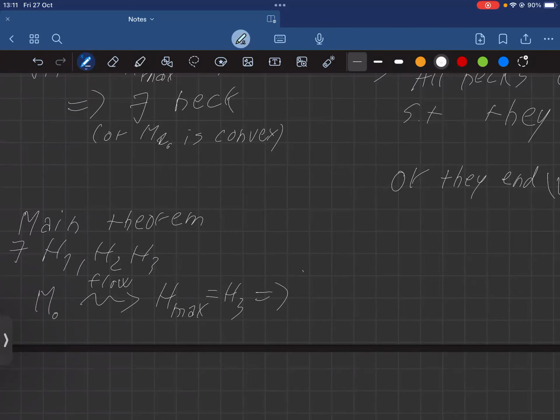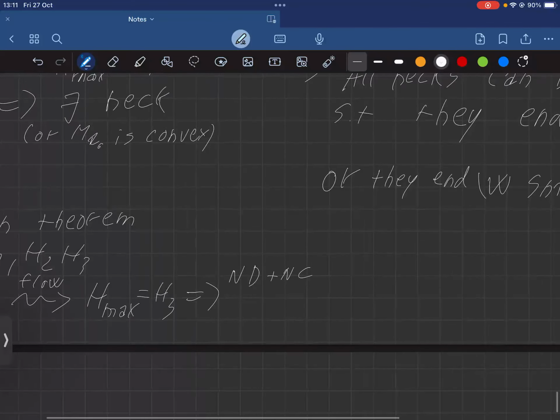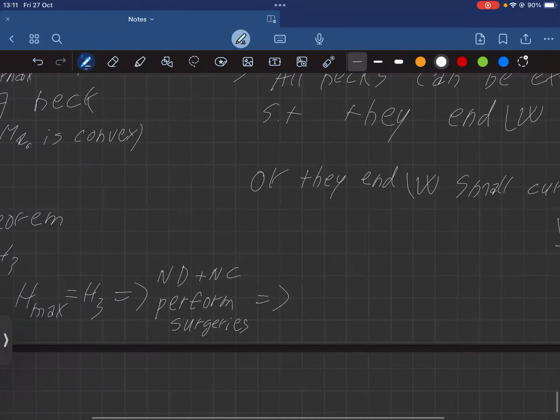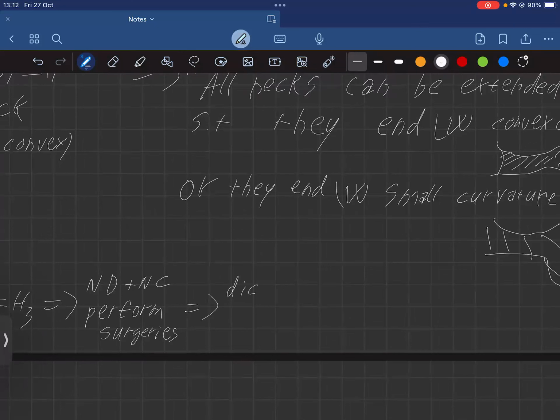Then we're going to use neck detection and neck continuation such that we detect nice enough necks and we can perform surgeries. And then what we do, we discard regions that are isomorphic to S^(n-1) times S^1, or they are isomorphic to S^n.